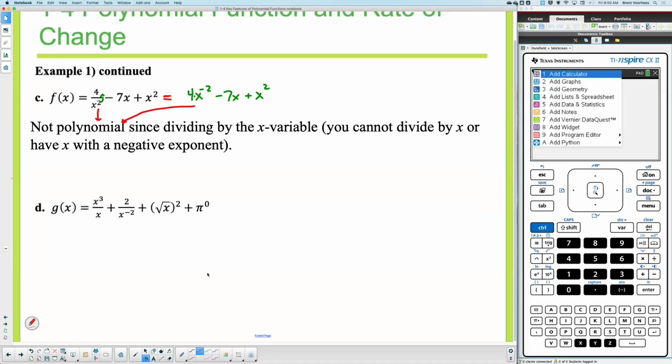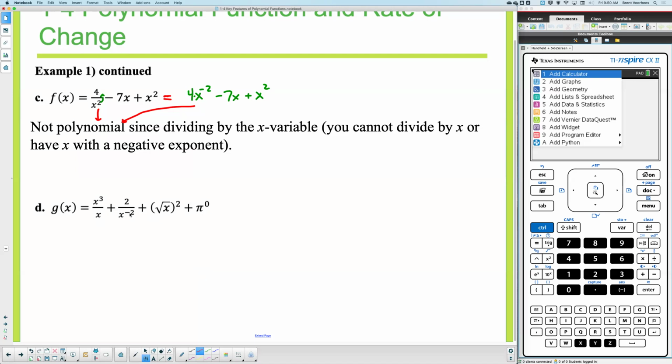Okay, how about D? What do you think when you look at D? Polynomial or not polynomial? What's your thoughts as you examine that one? Not? Augustine, why not? What do you see? Yep.